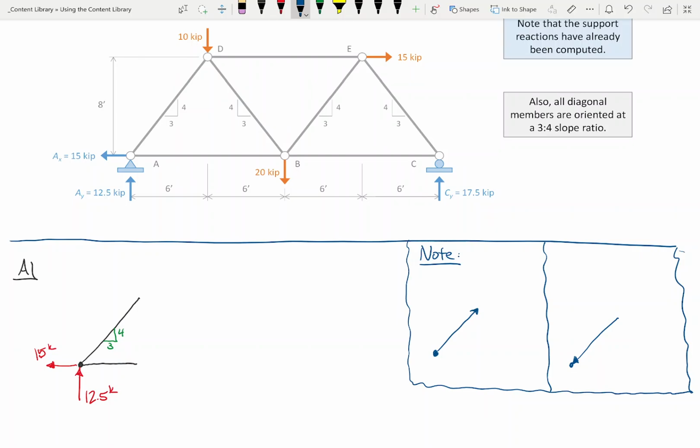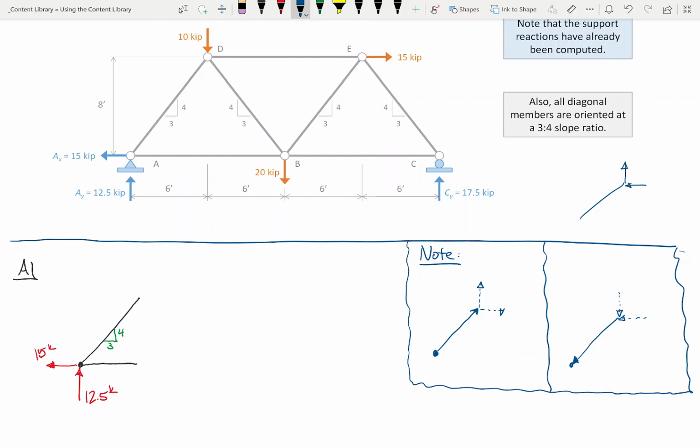So if I were to split this vector up into x and y, it would be like that and like that, right? This vector over here on the right, if I were to split this up into x and y, it would be down and to the left. With me so far? In other words, could I do this?